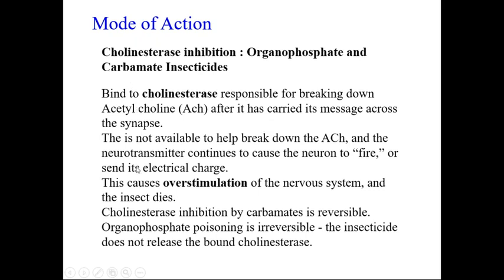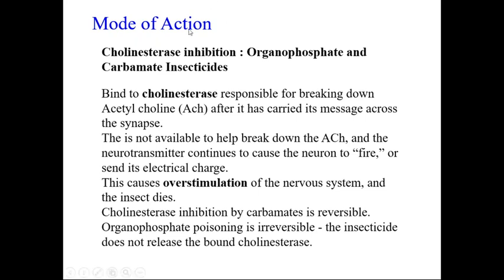Acetylcholine will accumulate, and because of the accumulation, the insect will be paralyzed because there is no more breakdown of the neurotransmitter, and the accumulation of the acetylcholine causes paralysis.